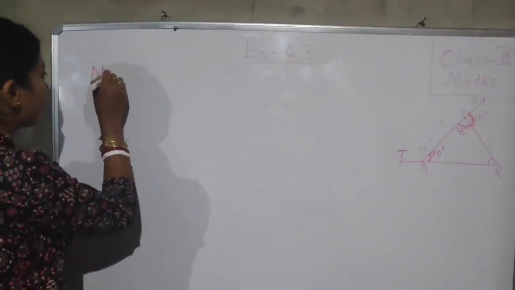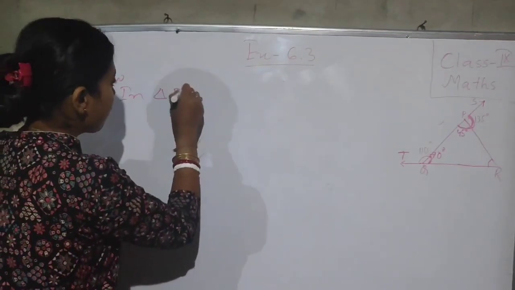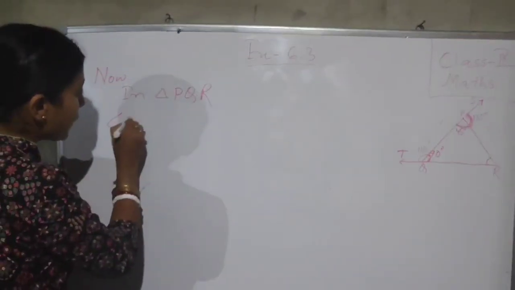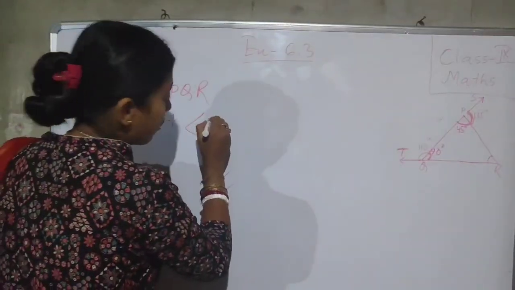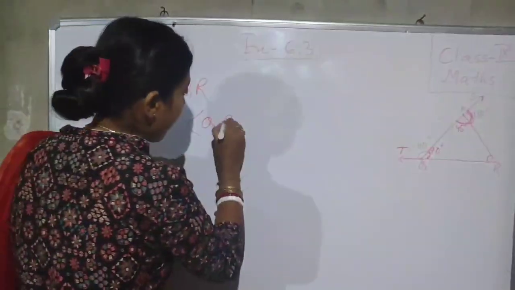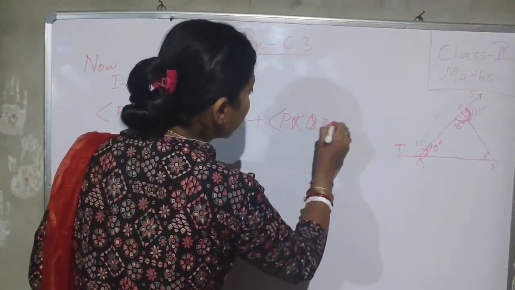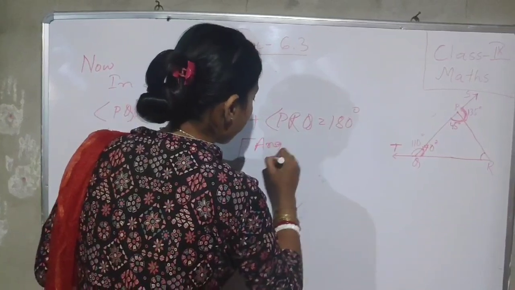Now in triangle PQR, what can we write? Angle PQR plus angle QPR plus angle PRQ equals 180 degrees. This is the angle sum property of a triangle.